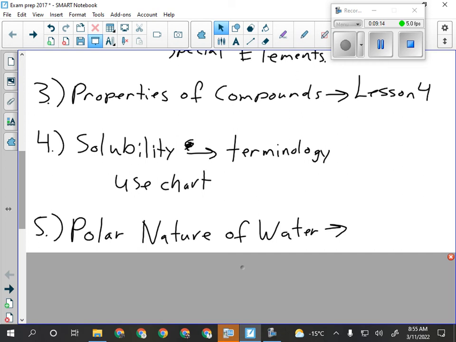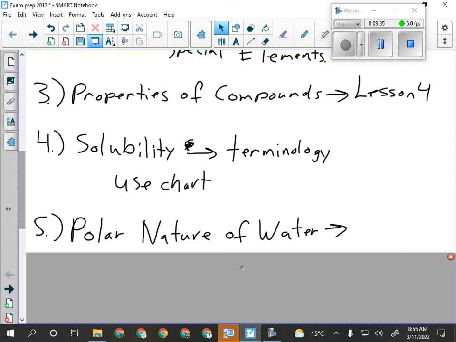Also be able to talk about what that means it will do. Okay? These hydrogen bonds that are in there. Okay? How that causes cohesion and adhesion and what that looks like. Okay? It's all in your notes. You just got to review that. Okay? It's all in lesson 7, second half of lesson 7. Okay?